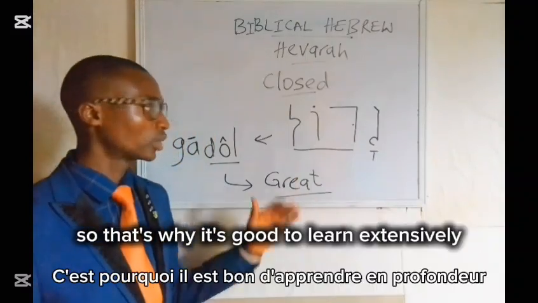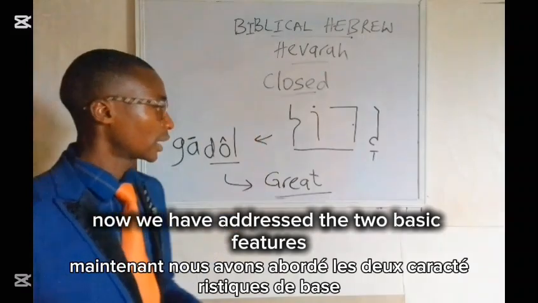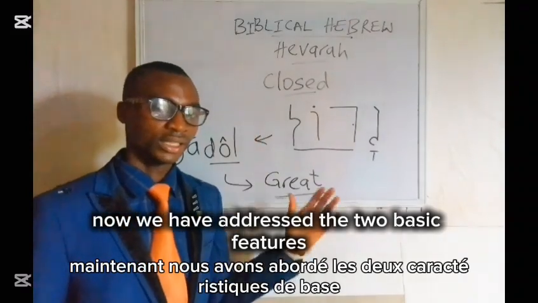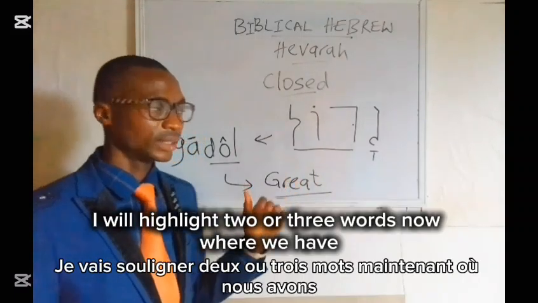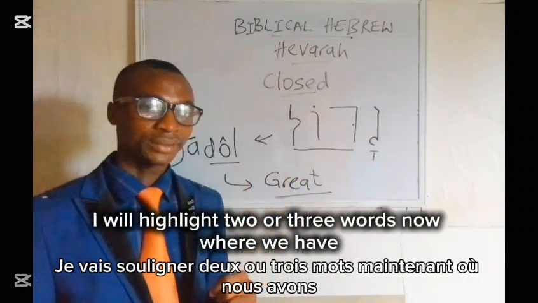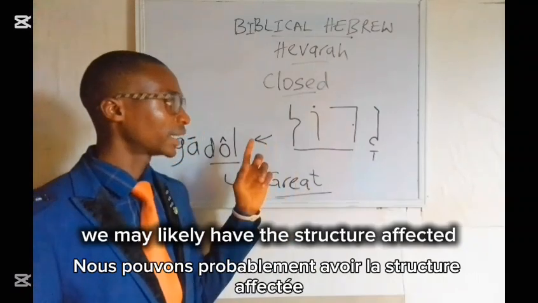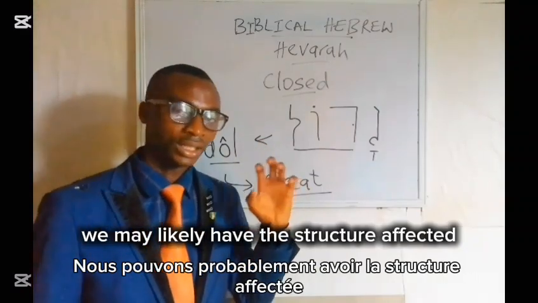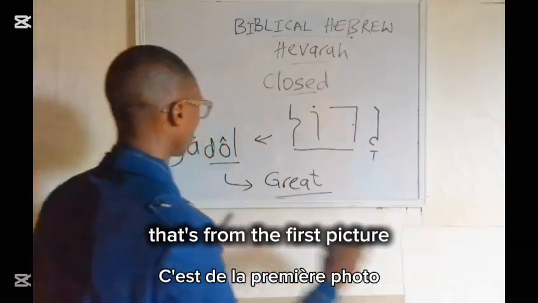So that's why it's good to learn extensively. Now we have addressed the two basic features. I will highlight two or three words now where we will likely have the structure affected. That's from the first feature.